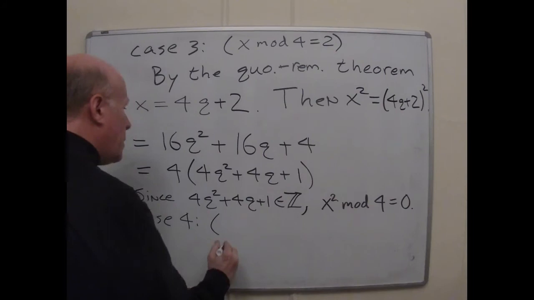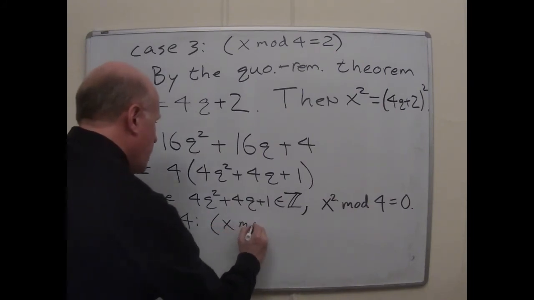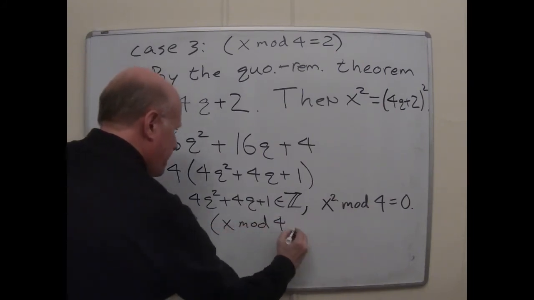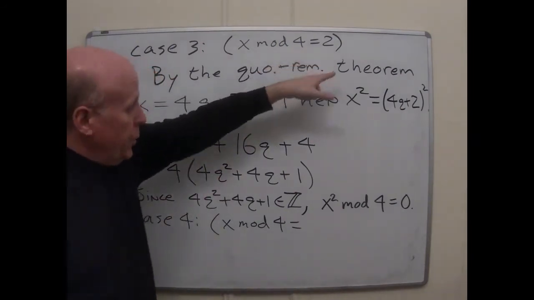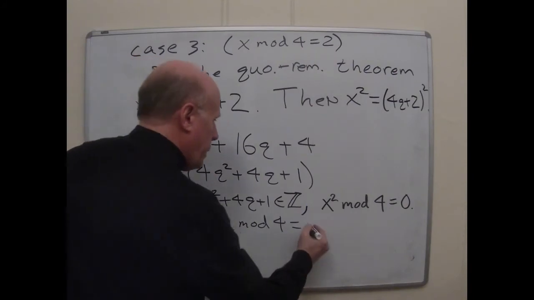Here we're dealing with the scenario where x mod 4 is how much? We were going up sequentially, so we were at 2. This next one is x mod 4 is 3.